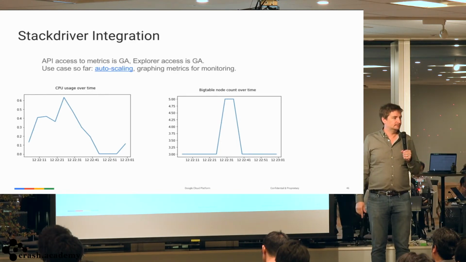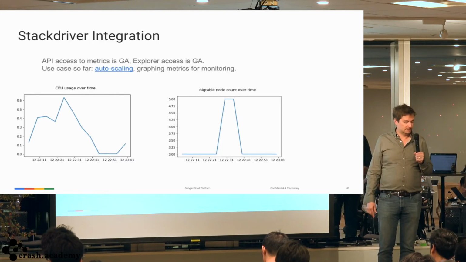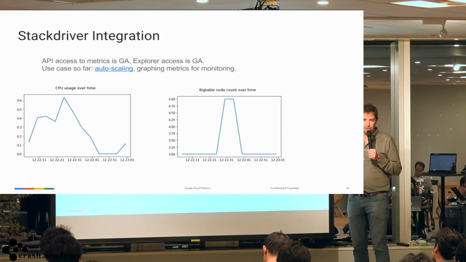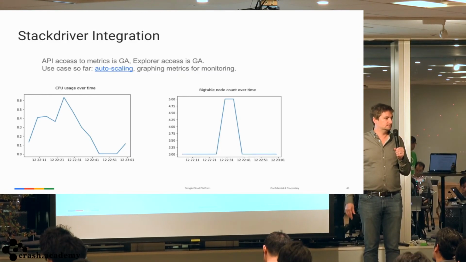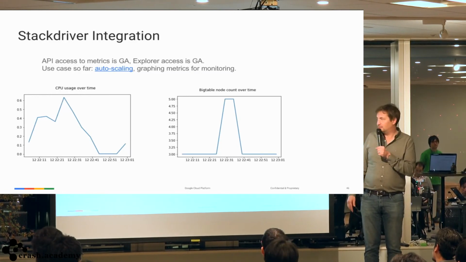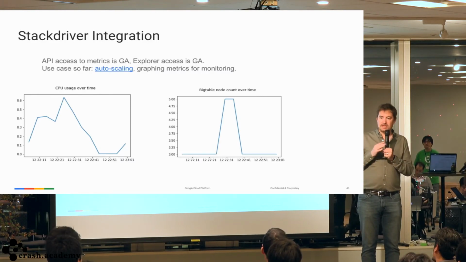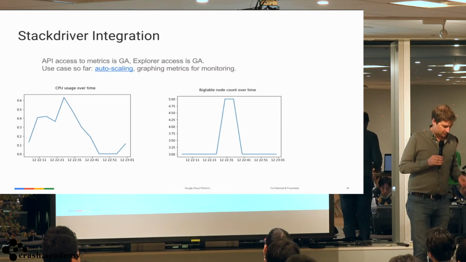This makes it fairly simple to write your own autoscaler with just a few lines of code. There is a link in the Bigtable documents that gives you an example of how to write such a thing.